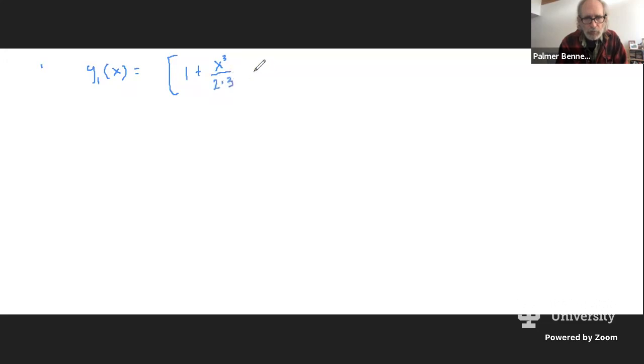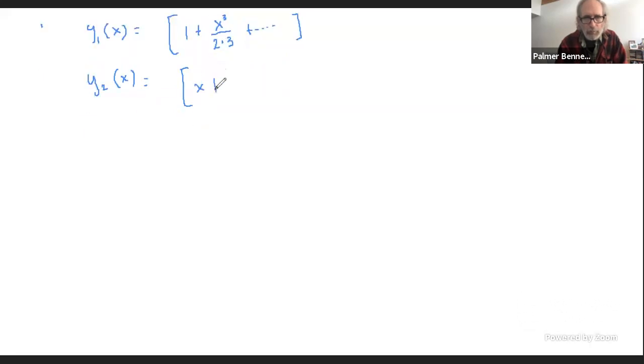Notice you don't want to multiply this out because that's going to obscure what the pattern is. So that was one solution. Okay, and the other one, y2 of x, was x plus x to the 4th over 3 times 4.